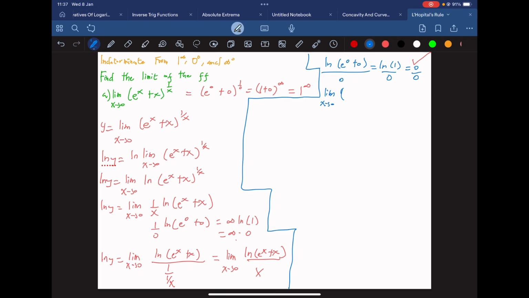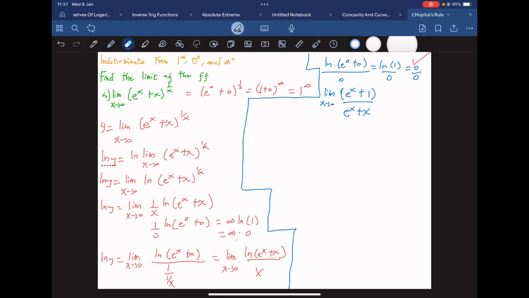If we differentiate e to the x, you have the same thing, and if we differentiate x, you have 1. Then you divide by what is inside the parentheses, so you have e^x + x. Now let's differentiate the denominator. If we differentiate the denominator, you have 1.